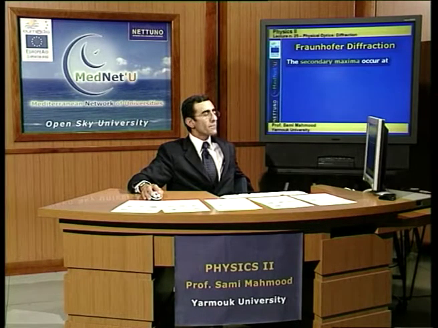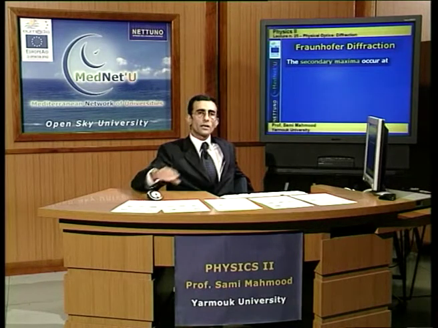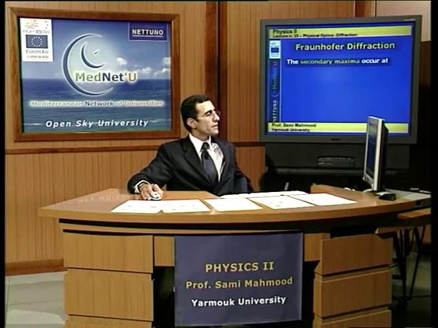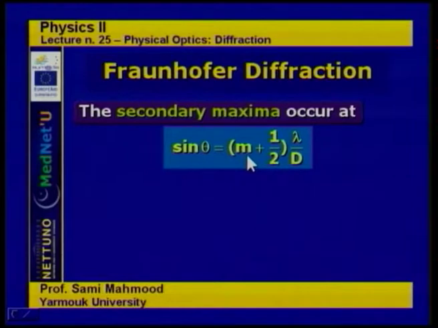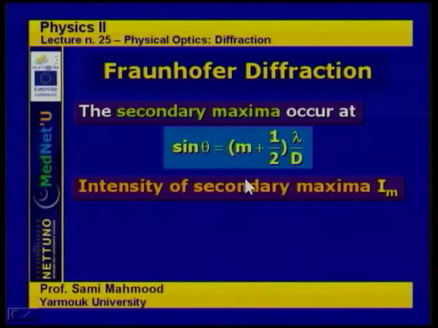The secondary maxima that we have just shown in the pattern occur at sine theta equal to (m plus 1/2) lambda over d, because this is equal to 1. This is the maximum quantity.